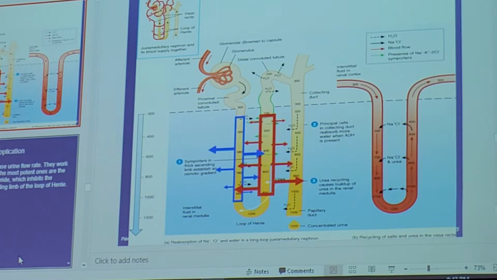Do you see that? So what we see is that at the top of the descending loop, you have more moving across. And as you're getting further down towards the bottom of the loop, or where I'm going to call the hairpin turn, you have less because the concentration difference in the tissue as opposed to inside the loop of Henle is not quite as different.